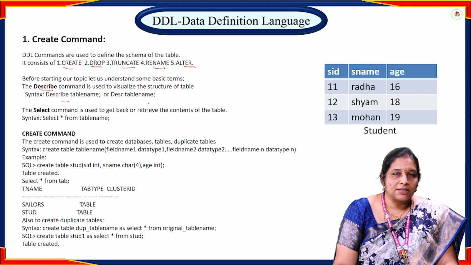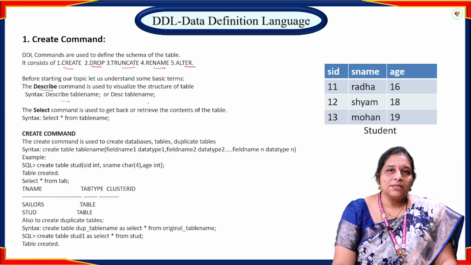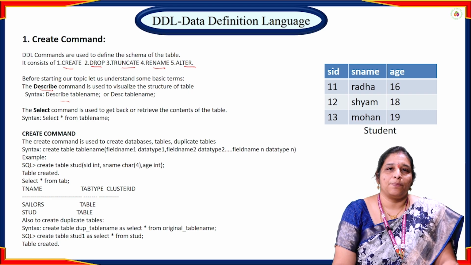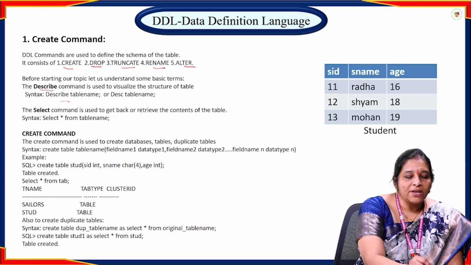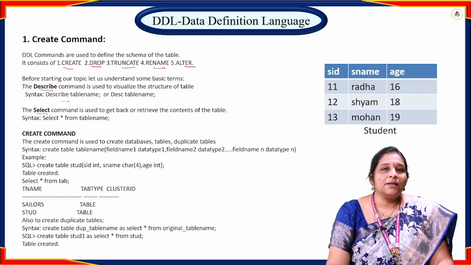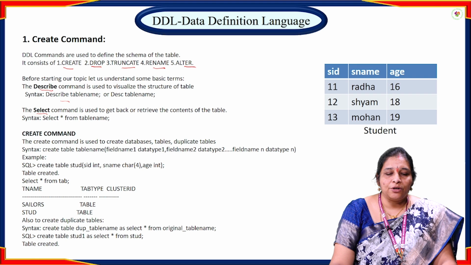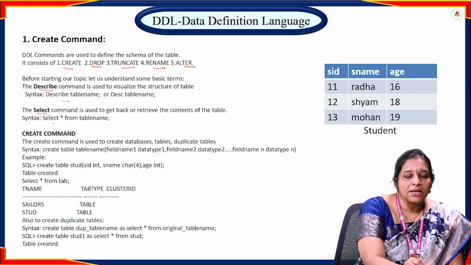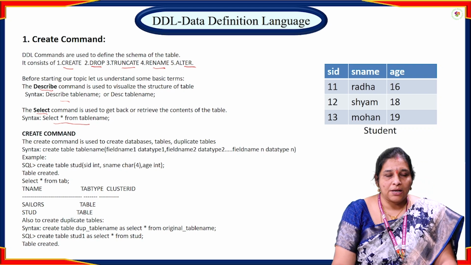When I give this, I am able to see the structure of the table, that means what are the field names, what are its data types, whether it is null, whether it is a primary key, etc. Next one is the select command. The select command is majorly used to retrieve the contents from the table. Whatever values we have inserted are going to be given by the select command, and the syntax is select star from table name.